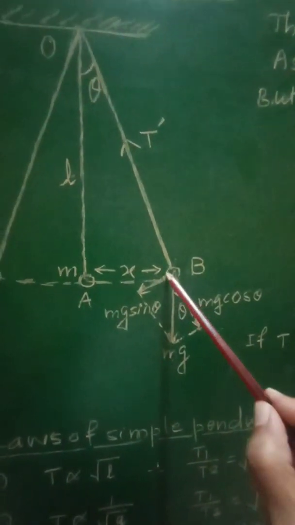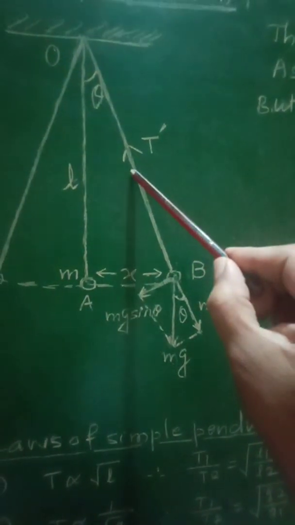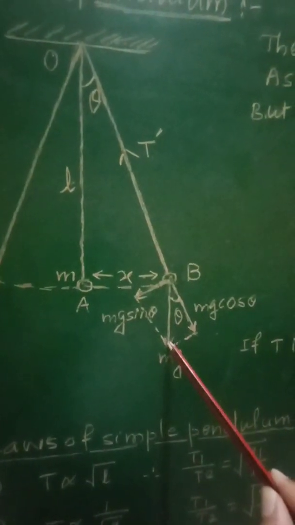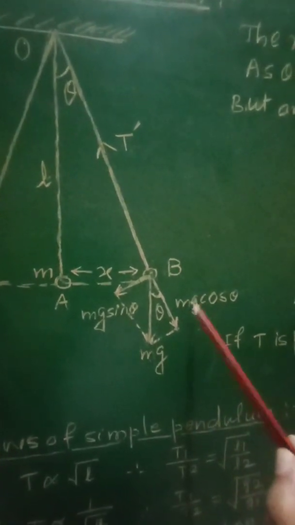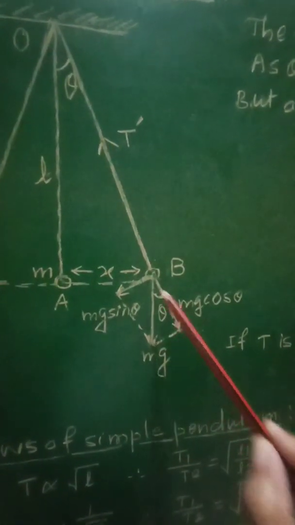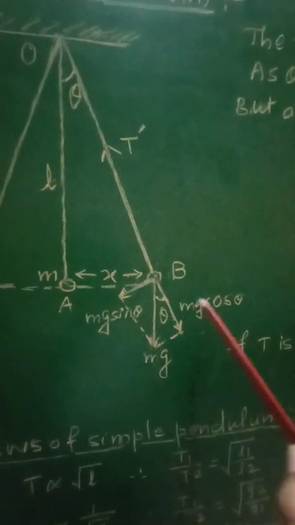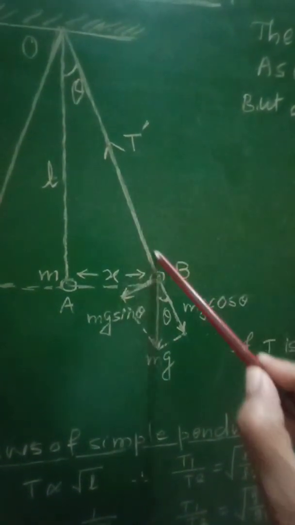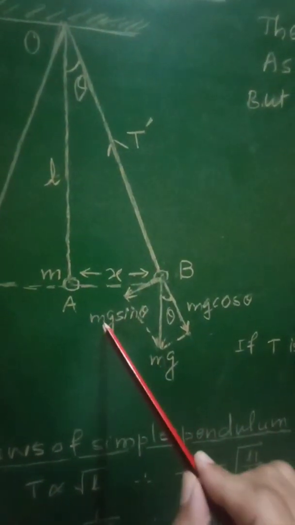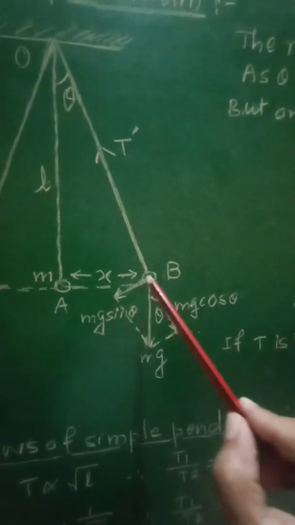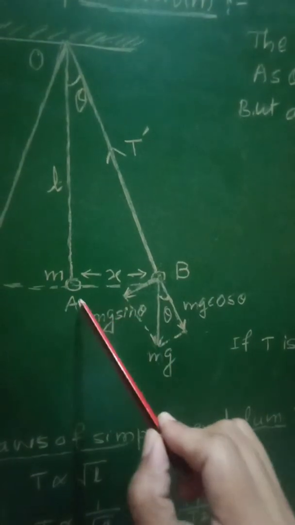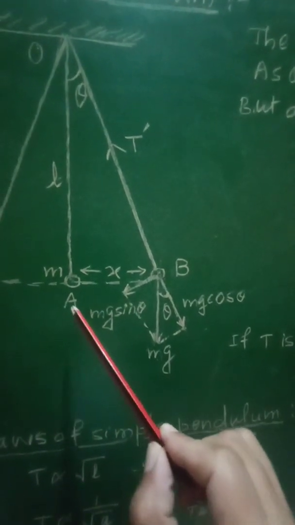In this case the tension T dash will not balance this mg, and therefore mg is resolved into two perpendicular components. One component, mg cos theta, is along the length of the string, and the second component mg sin theta will be perpendicular to mg cos theta, which will be directed towards the mean position A.